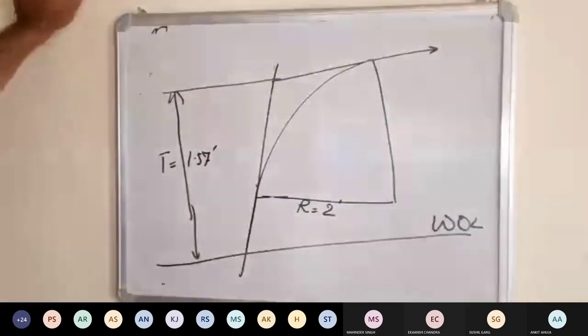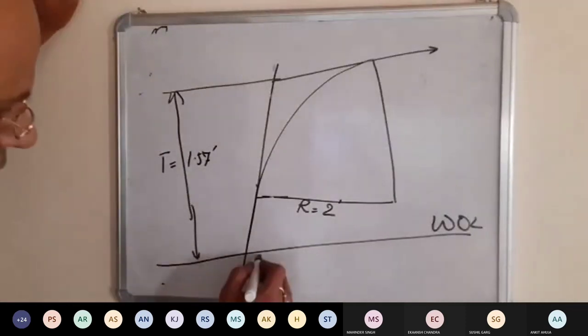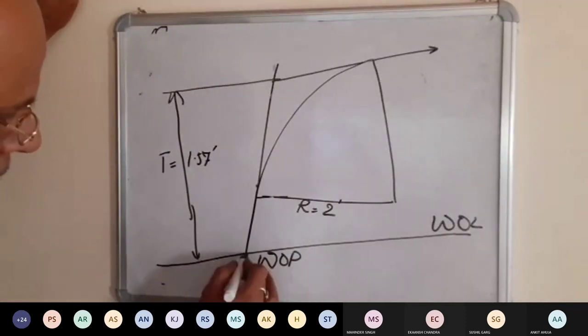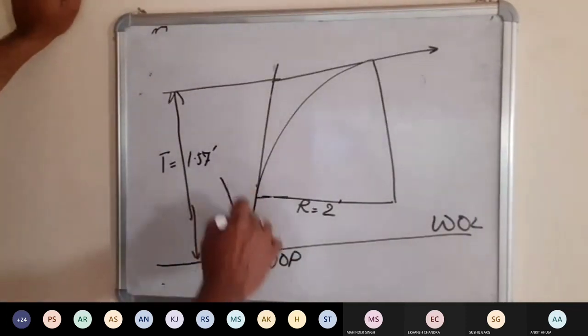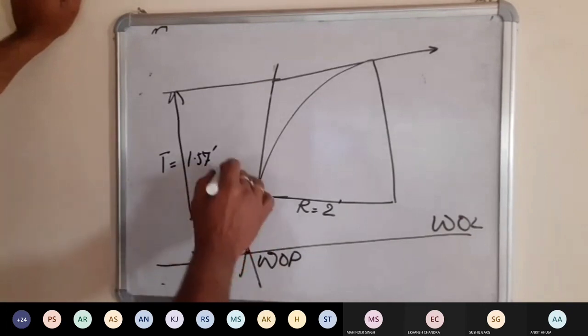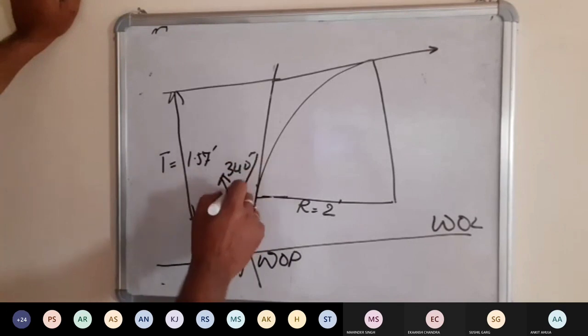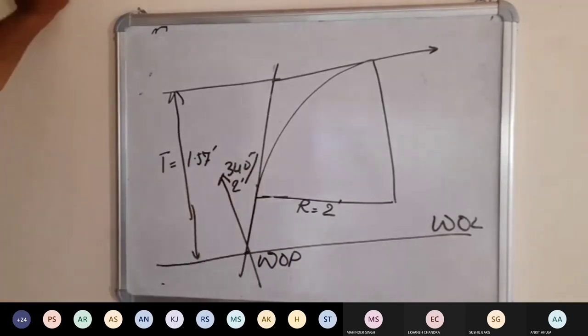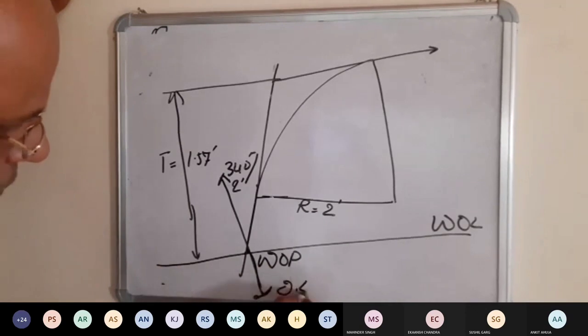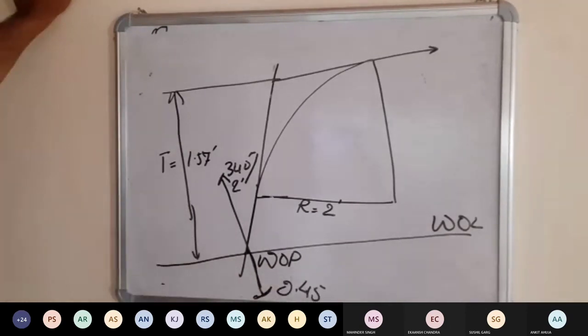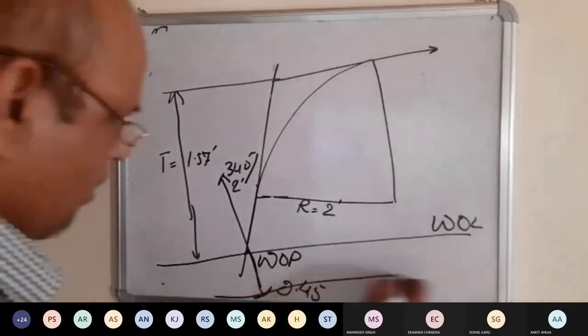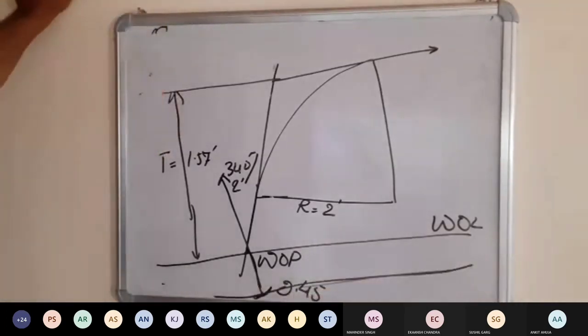WOL, wheel over point, current 340 degrees at 2 knots. Opposite, the 0.45 miles that you cut. Then you have drawn the next parallel line.